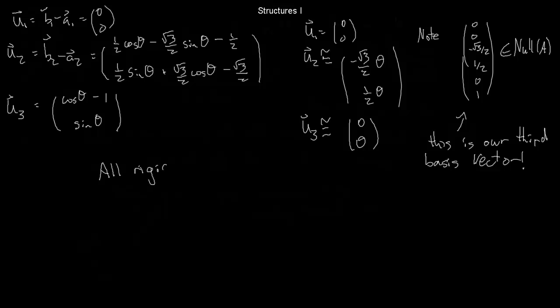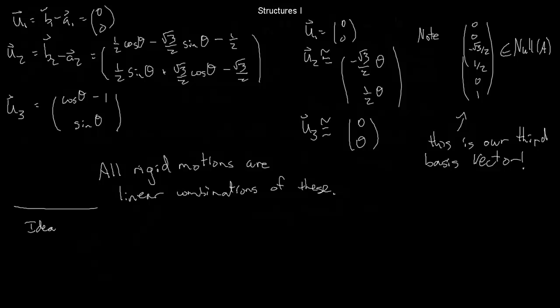And you might ask yourself, well, what about other rotations? I might have a rotation around the second node or around the third node. But it turns out that if you do a translation and then a rotation around the first node, you are really doing a linear combination of these basis vectors of the null space. And so all of the rigid motions you can do in the plane are linear combinations of the ones we've already taken care of.